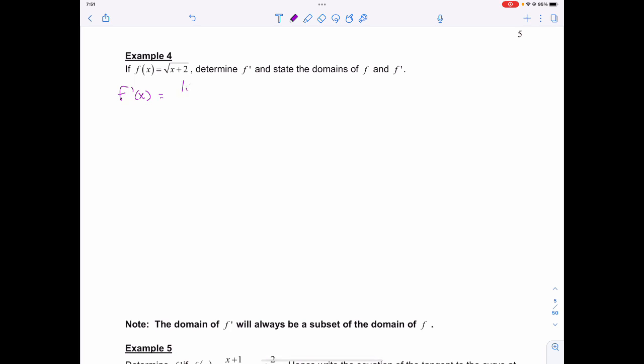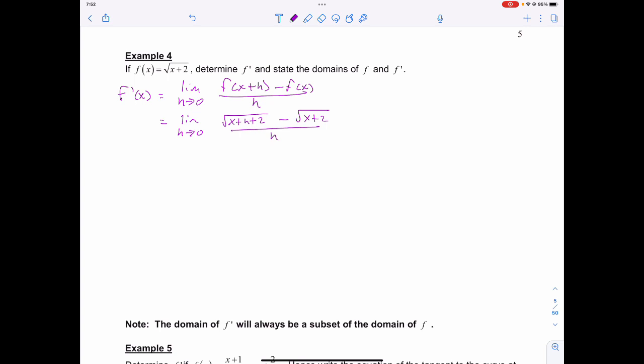And that's going to be the limit as h approaches 0 of f of x plus h minus f of x over h, or the limit as h approaches 0 of the square root of x plus h plus 2 minus the square root of x plus 2 over h.